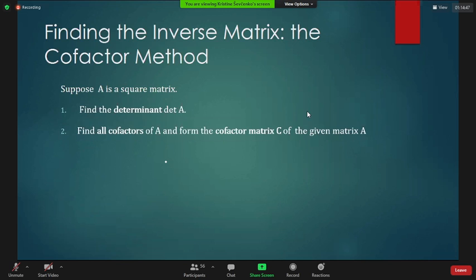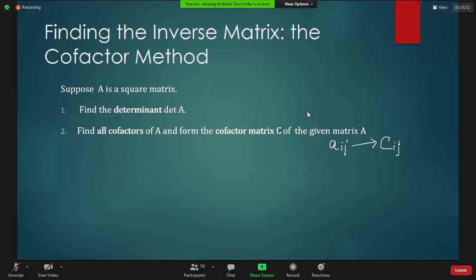Now, next, find all the cofactors. Remember, cofactors were the minors with sometimes an extra minus, and form the cofactor matrix C of the given matrix, which means every element ij from the given matrix is replaced by its cofactor.